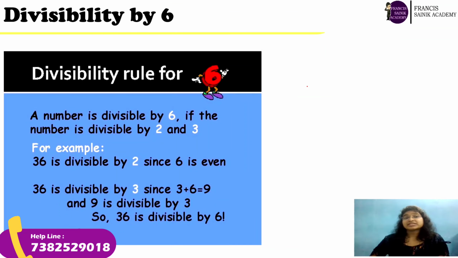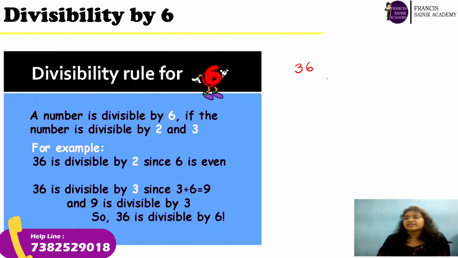What is the divisibility rule for 6? Here, if you want to know whether a number is divisible by 6 or not, you don't have any direct rule. You have to check for 2 and 3. I'll tell you how. Let us take an example. It is 36.